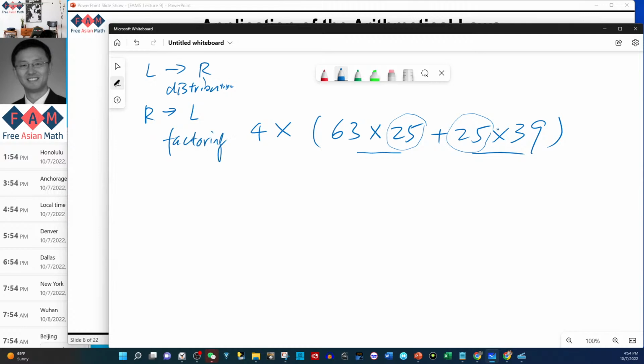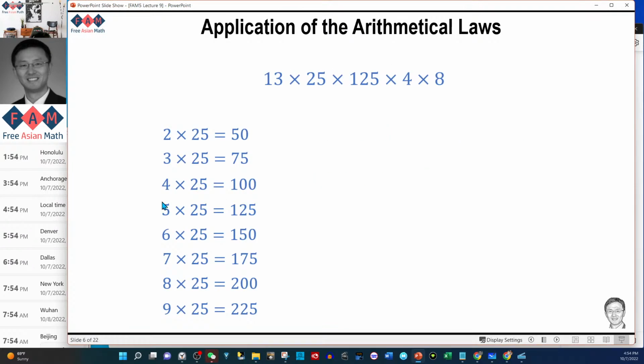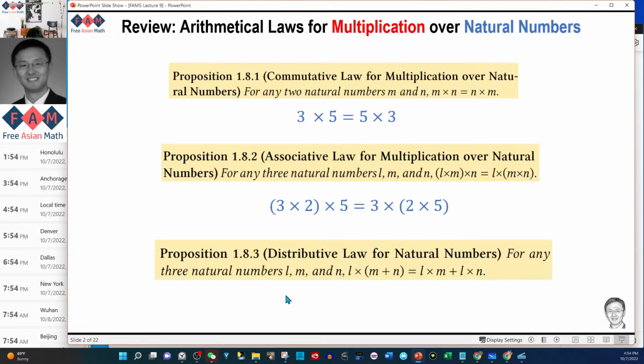Okay? What that means is that if you go back to distributive law earlier, you can see that the last one, L times M plus N equals to L times M plus L times N. And this is from the left to right.